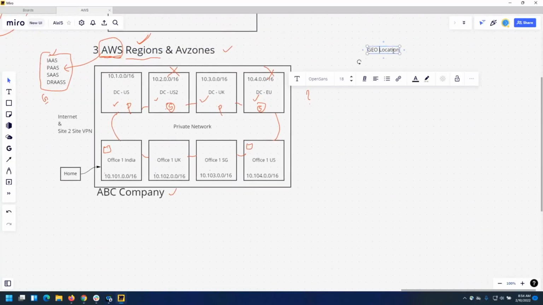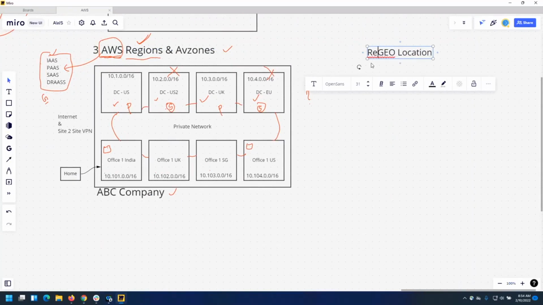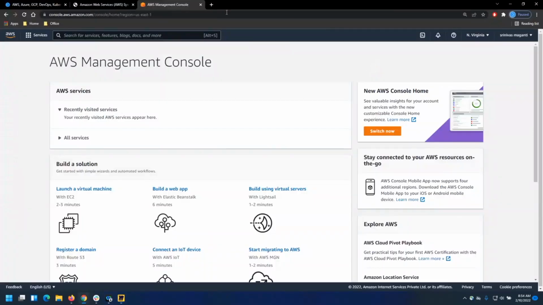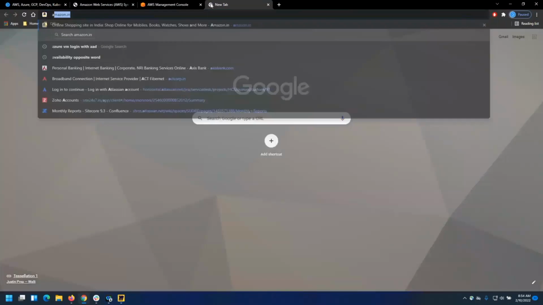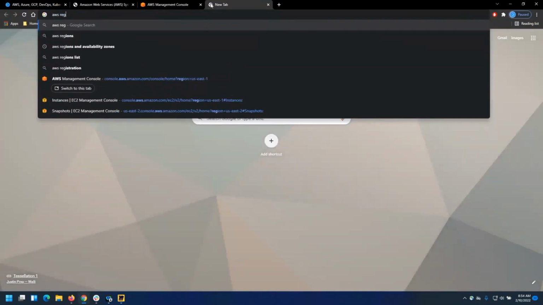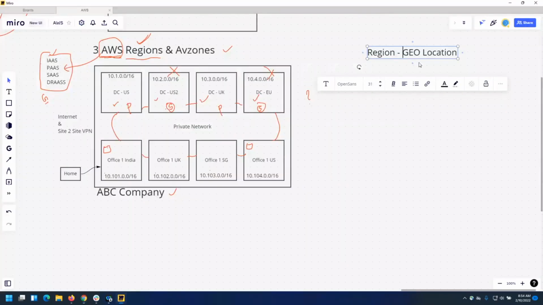What do you mean by region? AWS regions and availability zones. Region is your geolocation.